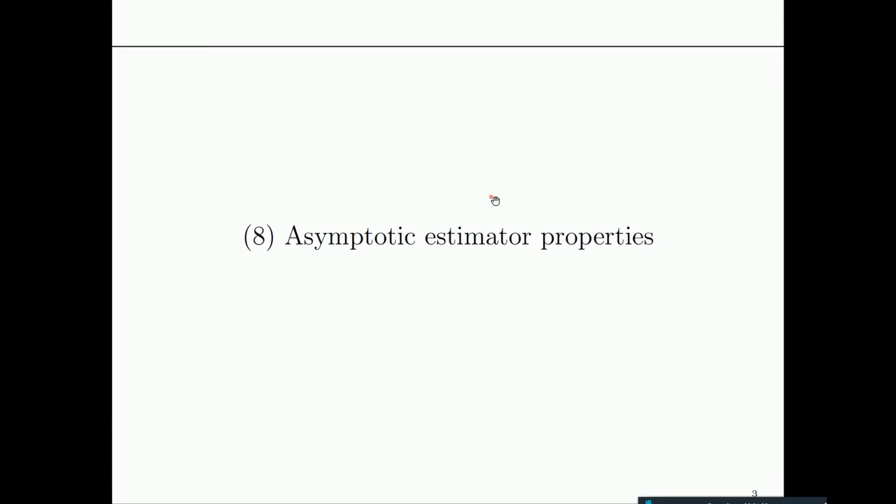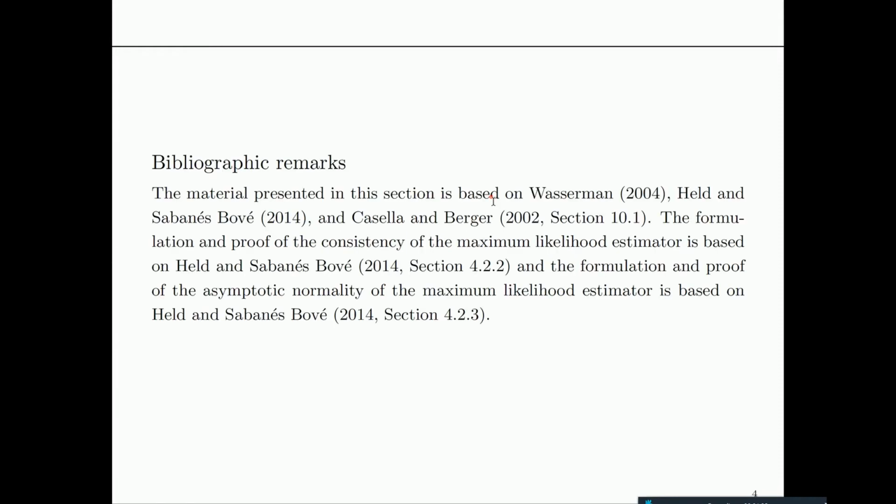So last time we talked about finite sample estimator properties, and we introduced bias and variance of estimators and the Cramér-Rao bound, and this was all under the assumption of a fixed sample size n. The main thing today is then to let n tend towards infinity.